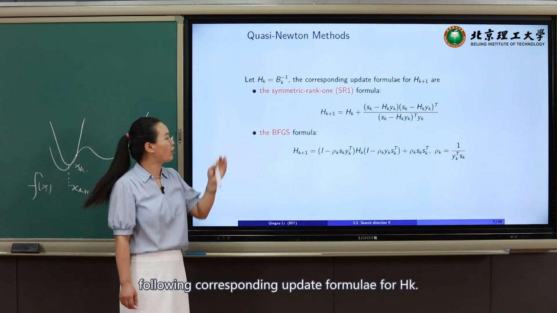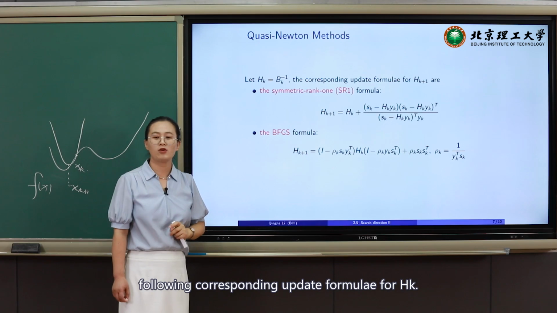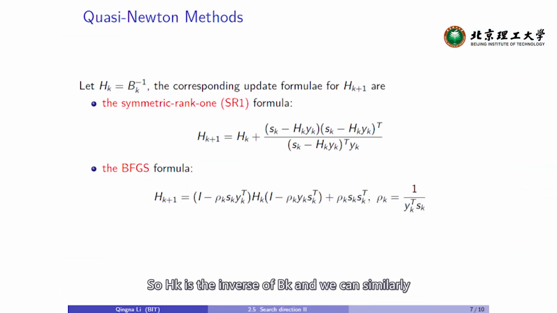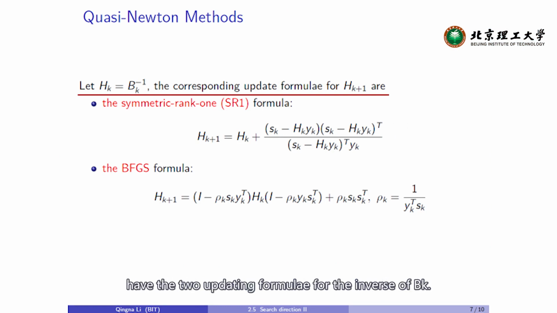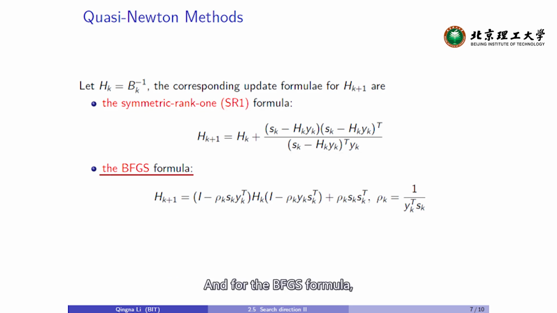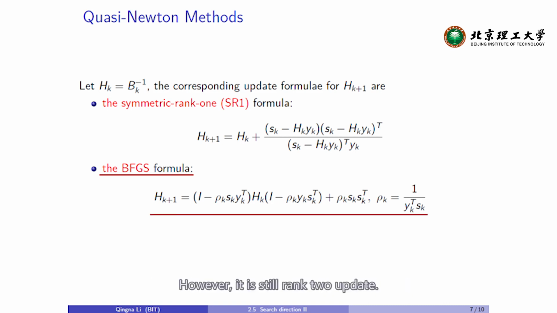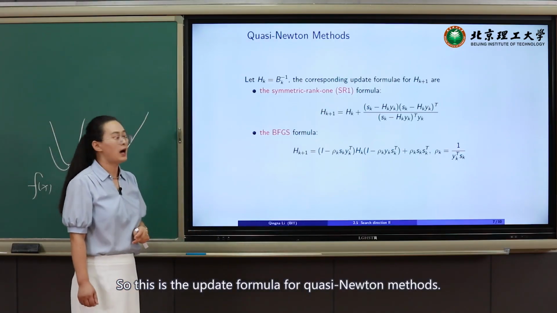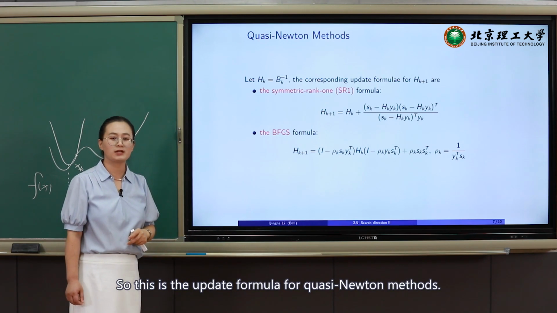Then we can get the corresponding update formulas for H_k. H_{k+1} is modified by a rank 1 update for SR1. For the BFGS formula, the update tends to be a little more complicated. However, it is still a rank 2 update. So these are the update formulas for quasi-Newton methods.